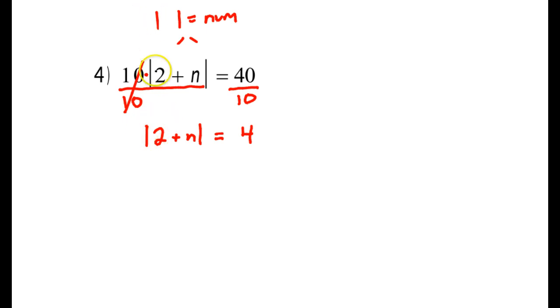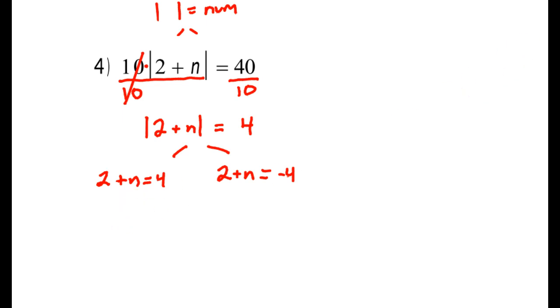We have a center equal to a distance, and we can continue going. So what plus 2 is equal to 4, and what plus 2 is equal to negative 4. This will be the thing that's new today.